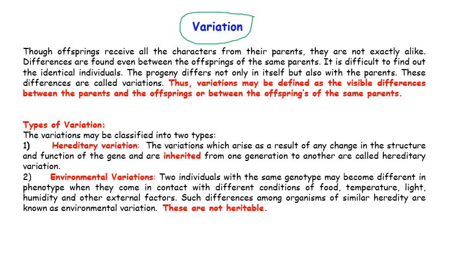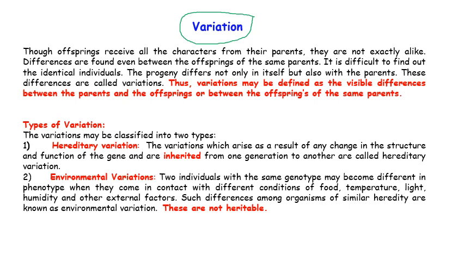Still there will be differences. So the differences that exist between the offsprings and the parents, or within the offsprings of the same parents, all these differences constitute the variations.